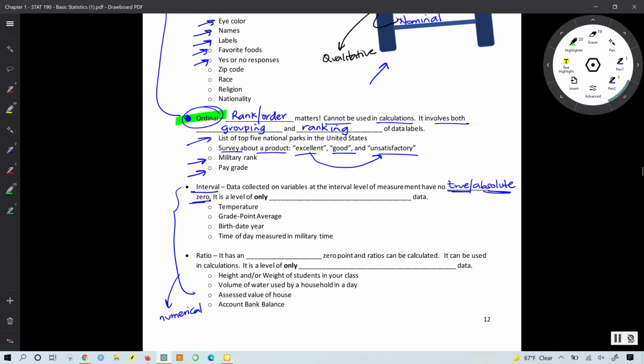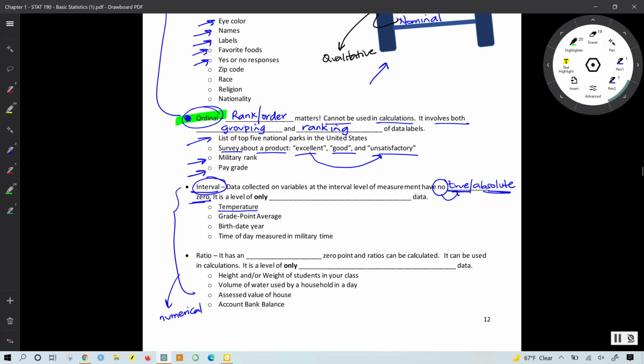That is true zero. A true zero should indicate absence of the quantity. But variables at interval level of measurement have no true zero. Take, for example, temperature. When the temperature outside is 0 degrees Fahrenheit, that does not mean absence of temperature. It does not mean that there is no temperature.